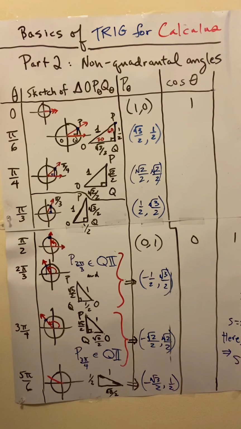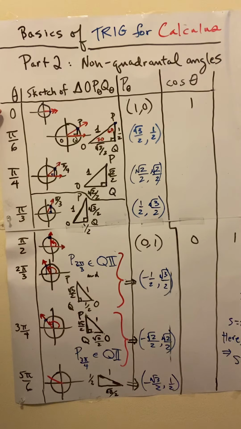How we are going to define the cosine and sine of an angle all depends on what that angle looks like when it's in standard position, and where that terminal ray intercepts the unit circle, P sub theta, what the coordinates of P sub theta are.